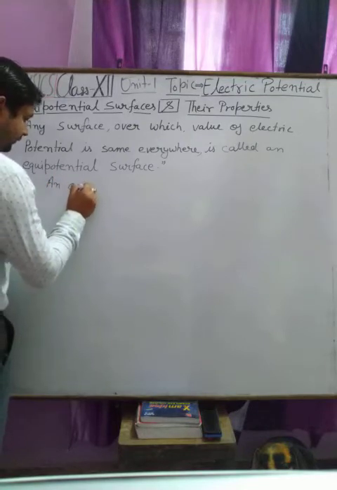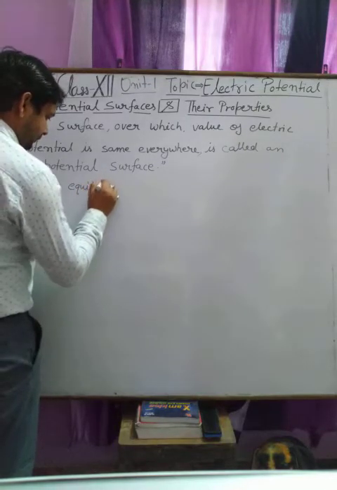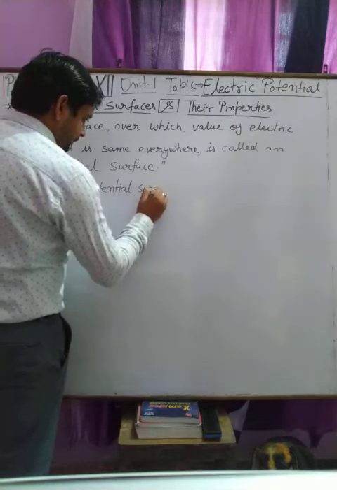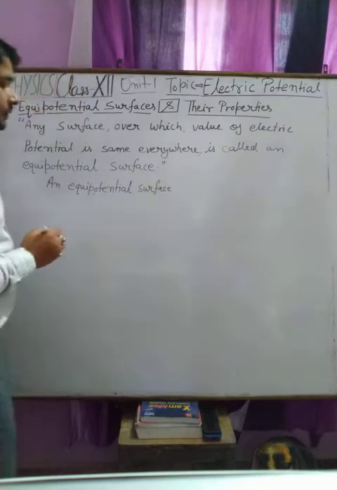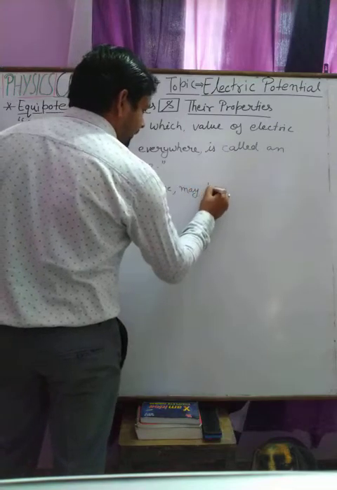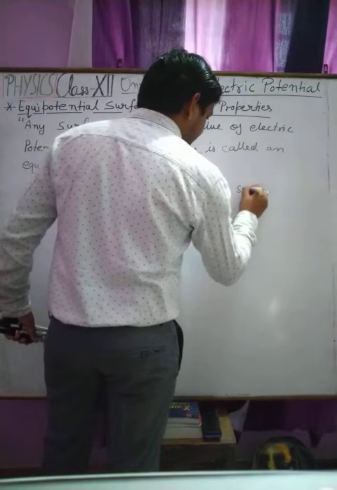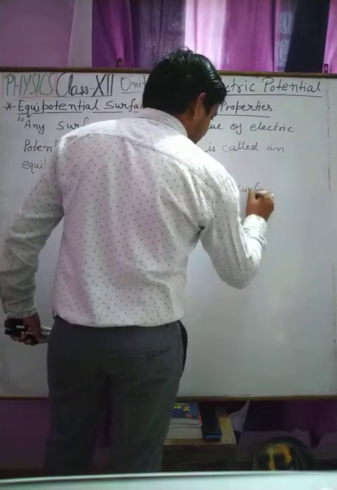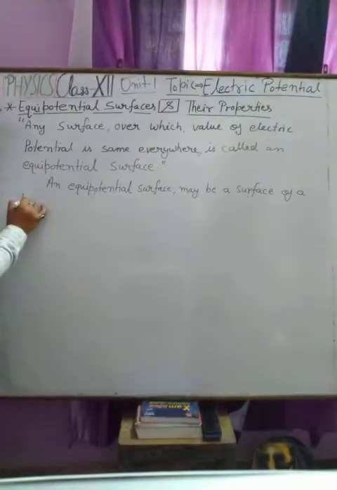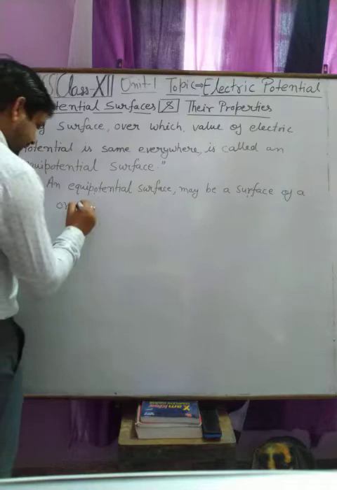An equipotential surface may be a surface of a body or a surface in space.